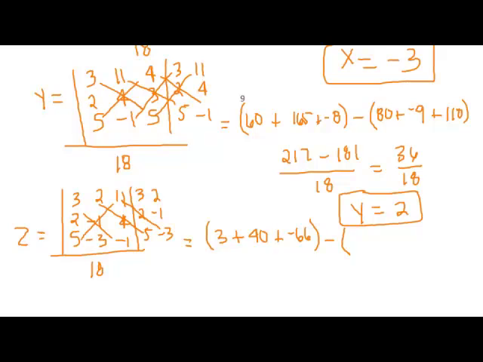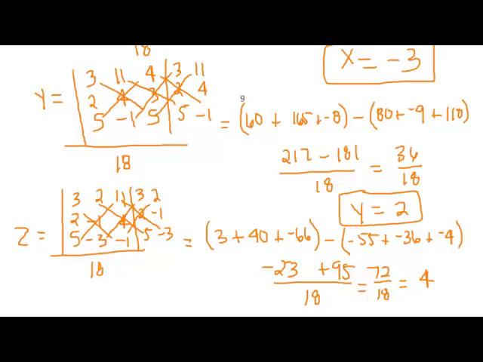Minus, opposite diagonal, 11 times negative 1 times 5 is negative 55. 3 times 4 times negative 3 is negative 36. And 2 times 2 times negative 1 is negative 4. So if we simplify that, we get a negative 23 plus 95, again over 18. That equals 72 over 18, which equals 4. So z equals 4. So our final solution, negative 3, 2, and 4.